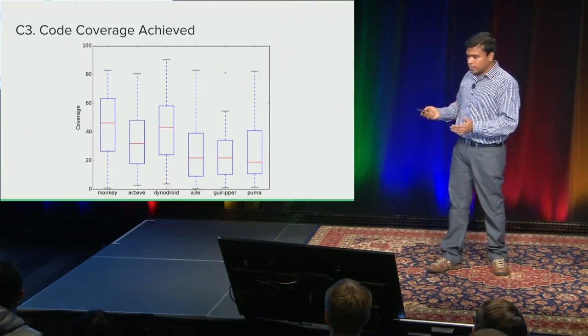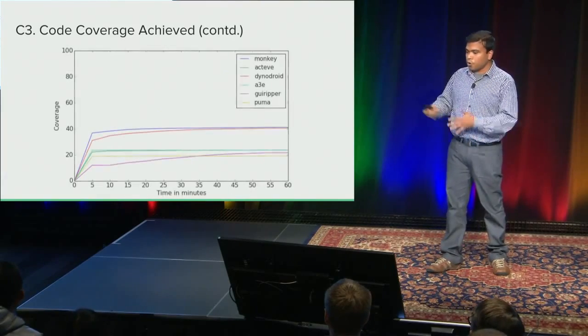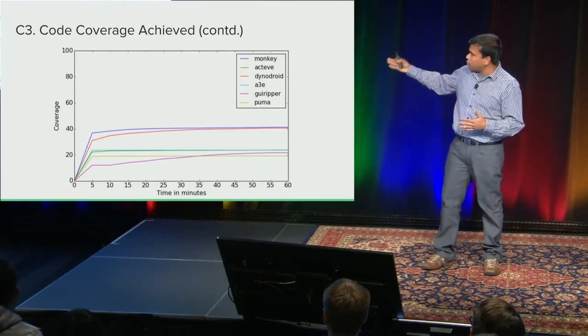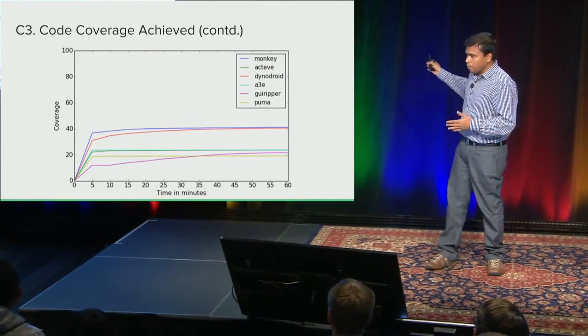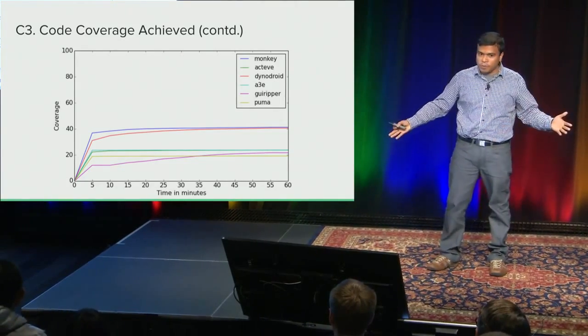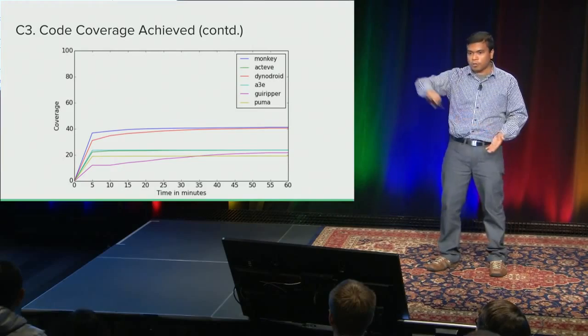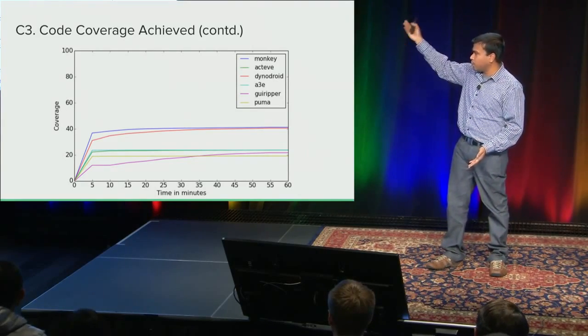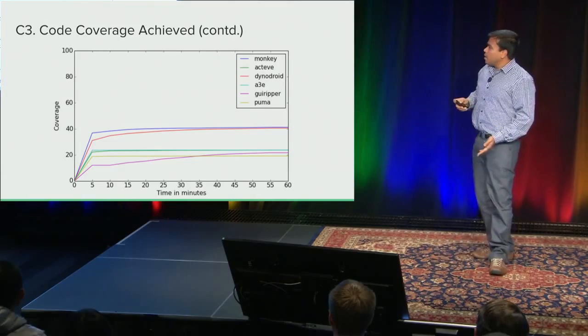Let me show you the next result, which shows you the progress of coverage over time. This graph shows how the coverage improved over time. As you can see, in the first 5 minutes, we could quickly get almost to the max coverage for all the tools, which is about 40%.